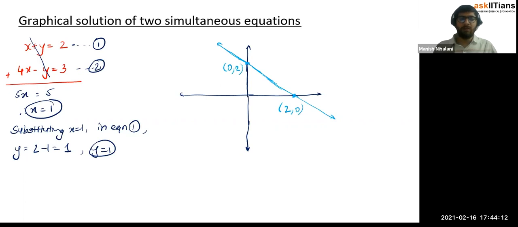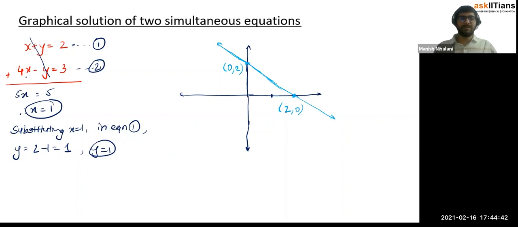Now when you plot the other equation as well, that is 4x minus y is equal to 3, you would see that when your y is 0, x is 4 by 3. Now 4 by 3 is 1.33, which is less than 2.